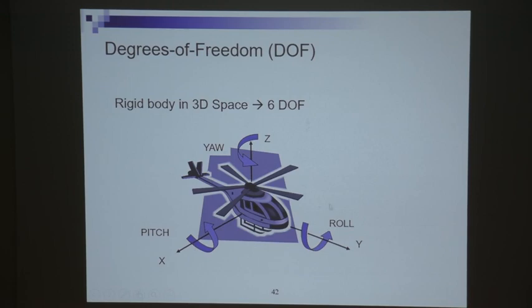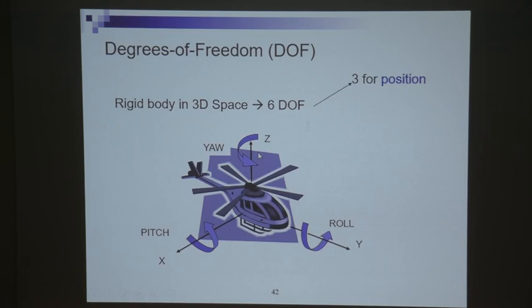The definition of roll, pitch, yaw is borrowed from the aerospace industry. Imagine you have an aircraft flying in these directions. The roll will be along this axis, the pitch will be the nose of the aircraft moving up and down, and the yaw will be along the jet axis.